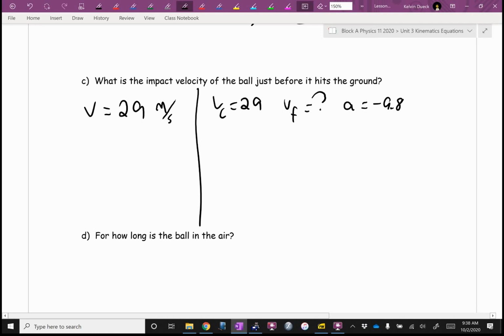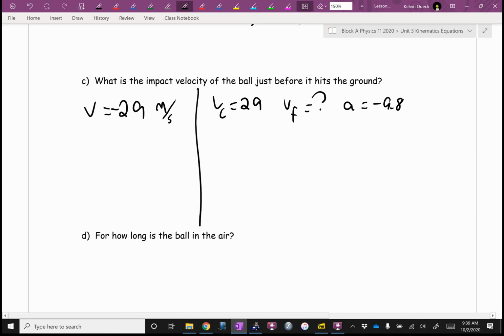What else do I know? By the way, put a negative in front of the 29 because it should be negative because it's velocity. It's going down. What do you know, Alessio? What's the distance?